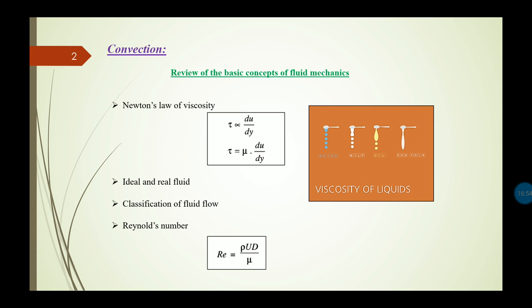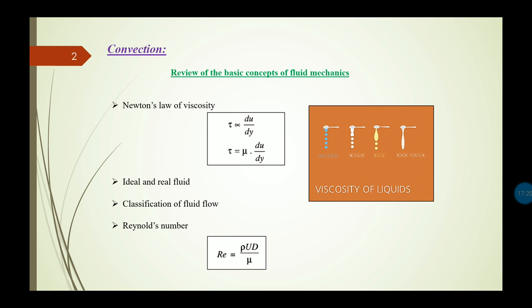Now, what is the value of this Reynolds number based on which we can say that the flow is laminar or turbulent? Reynolds saw that when this Reynolds number, rho u d by mu, is less than 2000 or in some cases 2200, then the flow is laminar or viscous.